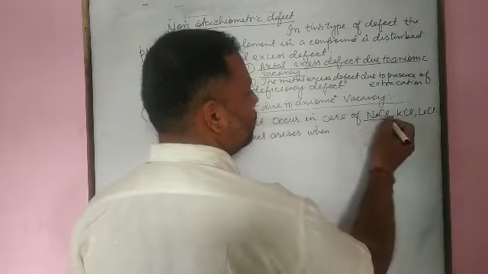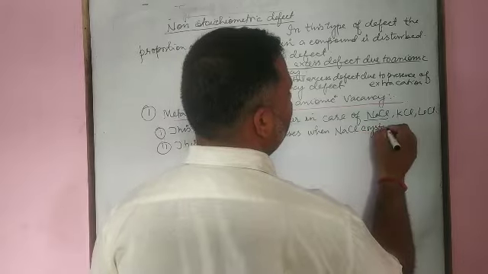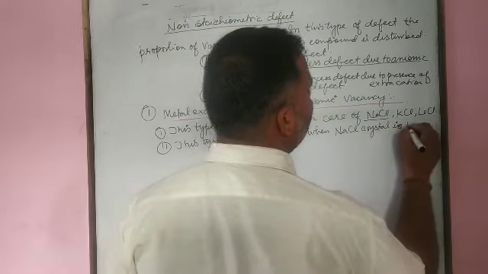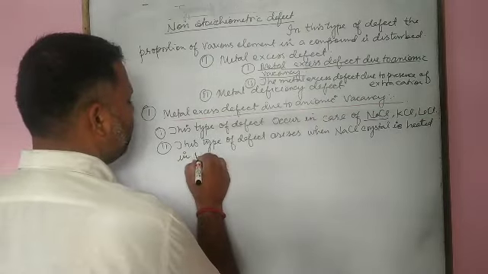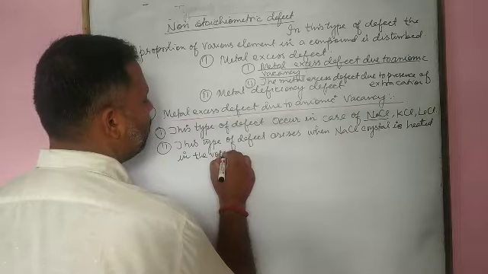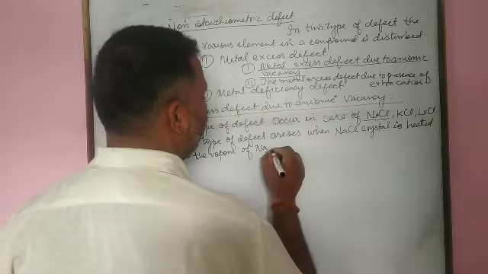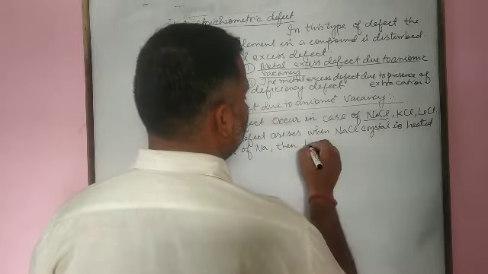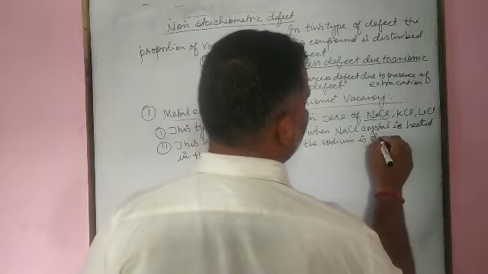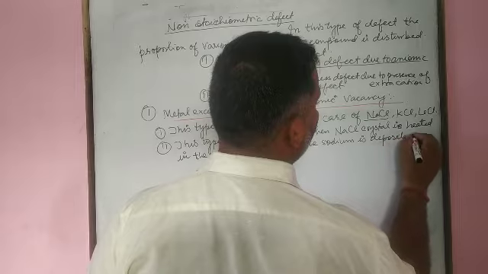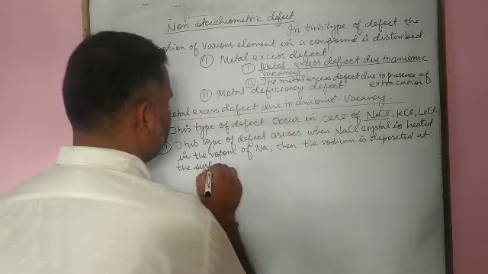Let us take an example of sodium chloride. When the sodium chloride crystal is heated in the vapor of sodium, then the sodium is deposited at the surface.